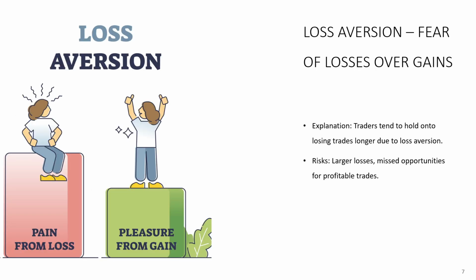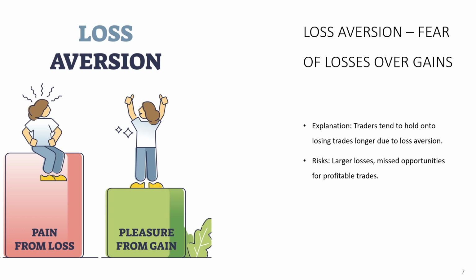Loss aversion pretty much is the tendency to fear losses more than we value the equivalent gains. This means psychologically, losing $100 feels worse than the pleasure we get from gaining 100.